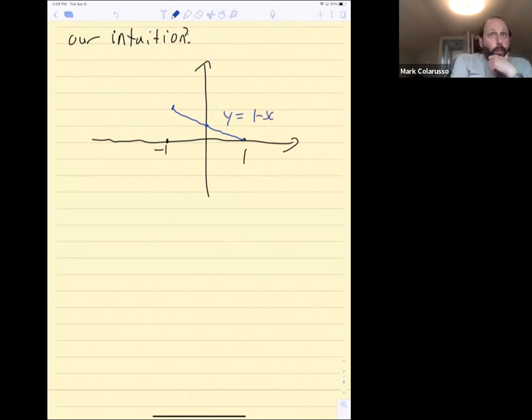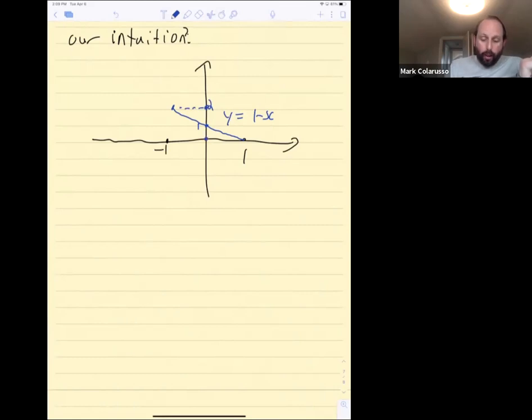That's a line of slope -1 with y-intercept 1. Like I said, it's not to scale, so we'll leave it for now. But you can see why 1 would be the average of this function on the interval. At the left endpoint, the function has value 2, right?